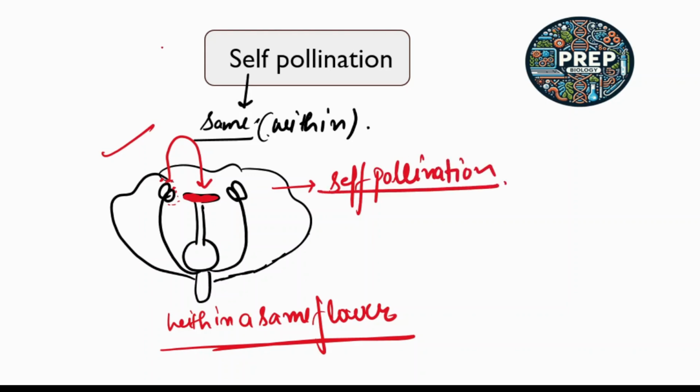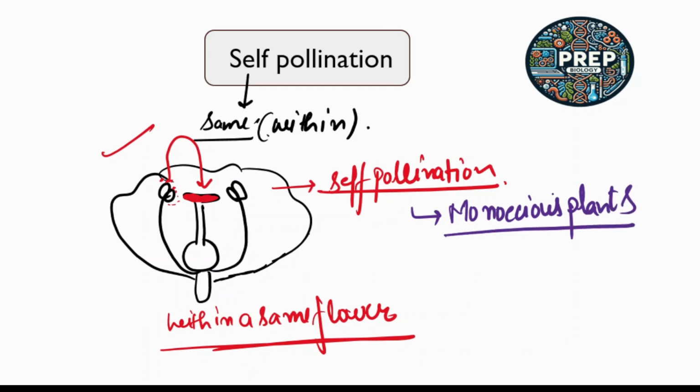Now it requires different features. Self-pollination occurs in monoecious plants. What are monoecious plants? The plants which contain both male and female reproductive parts in the same plant.